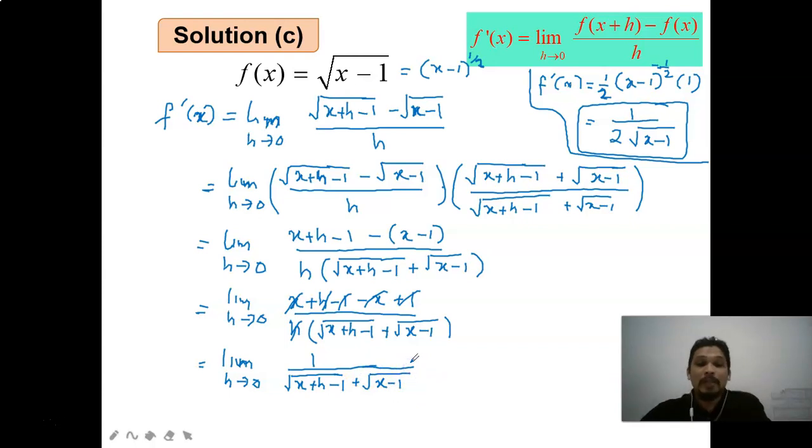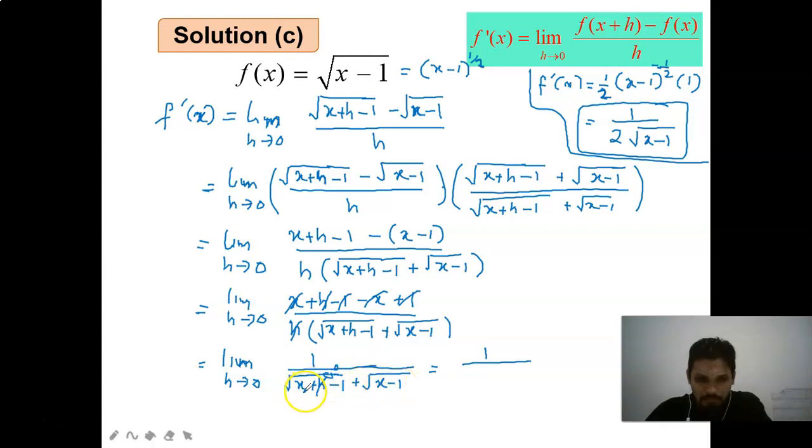Okay, so now it's time for us to use this limit when h approaches 0. So we just assume that h equal to 0. There's only one h left here. Finally it is equal to 1 divided by square root of x minus 1 plus square root of x minus 1.